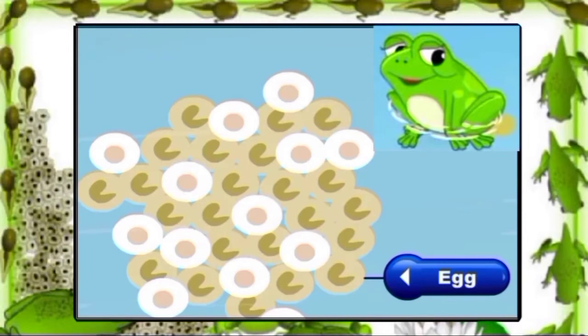Depending on the species of frog, the mother can lay a handful or as many as 20,000 eggs at a time. While the eggs are usually laid in or near water, a few in the rainforest lay their eggs in the tree.